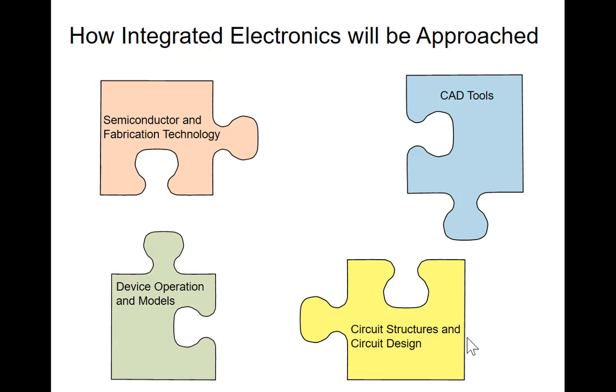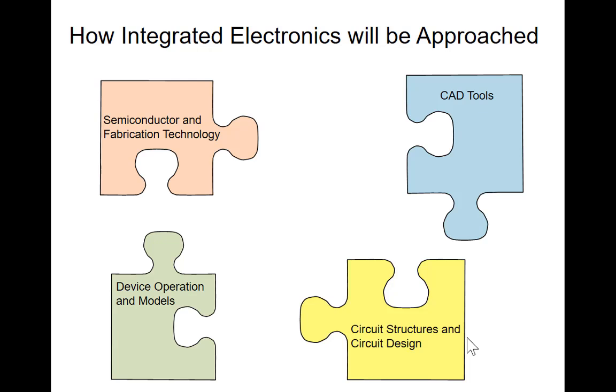I struggle with how to approach the discussion of electronics today. We have about 4 things that have to come together to understand how a circuit works. We have to understand the fabrication technology. We have to understand the CAD tools.